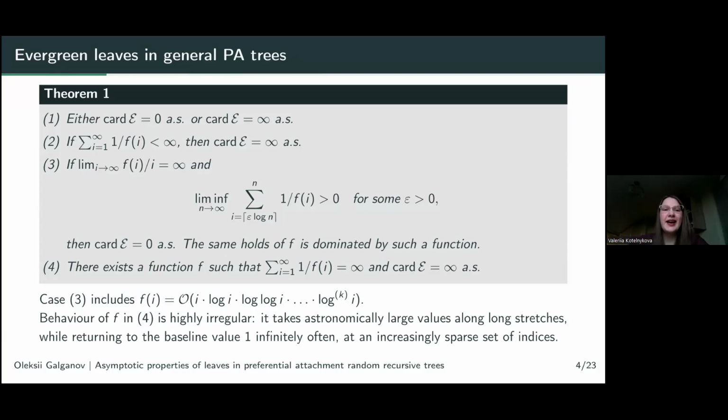But here in theorem 1, the value of function f at 0 does not influence anything whatsoever. It's a little bit counterintuitive to me that no matter how much time it takes to get a first child, either too short or too long, it doesn't influence anything. Can you explain it somehow?